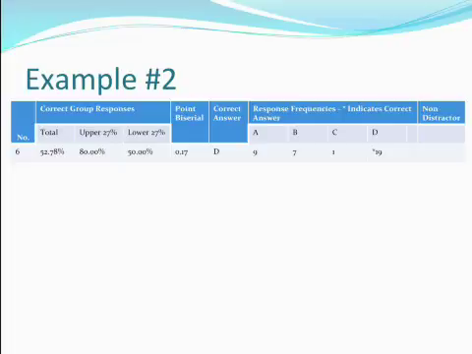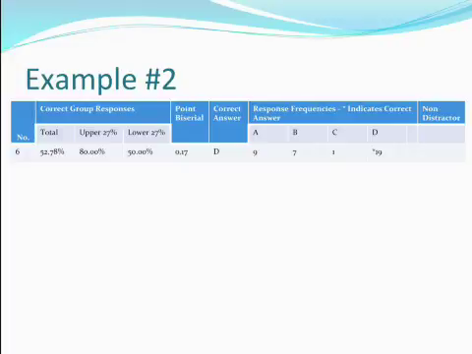That's a much better number. Our point biserial is positive at 0.17. Our correct answer is D, and that happens to be the one most students selected. And every student selected at least one of the responses, so there are no non-distractors.